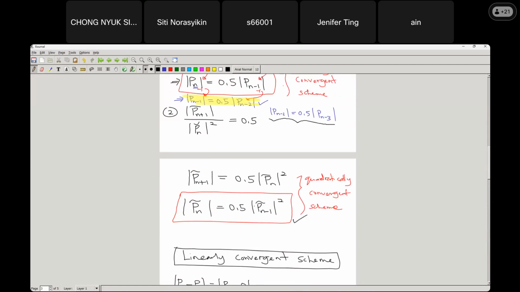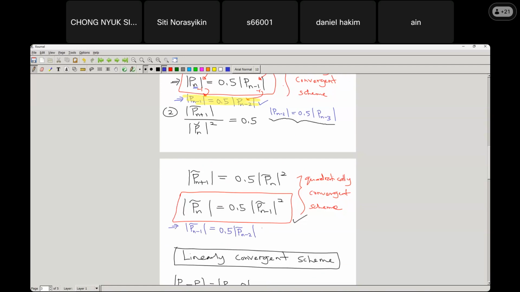Okay? So next, I would like to ask you, what is the equation for Pn minus 1 tilde? What do you get here? It will become 0.5. Yes. Next, Pn minus 2. Yes, very good, Daniel. So do we need a square?